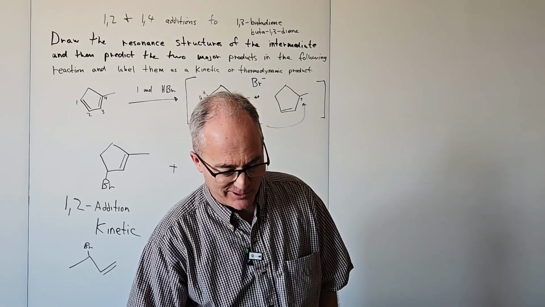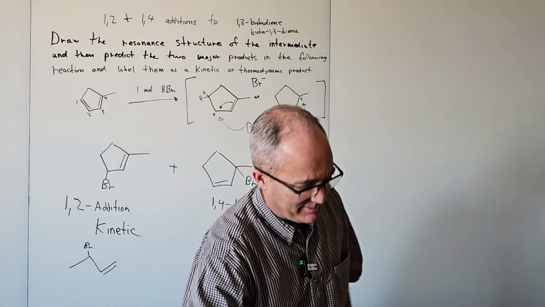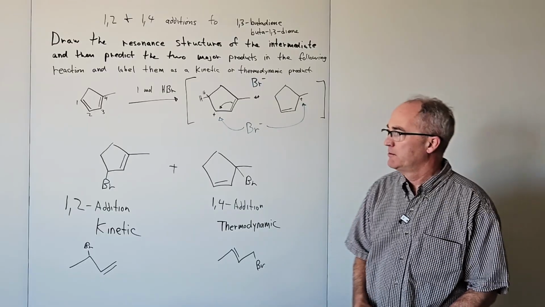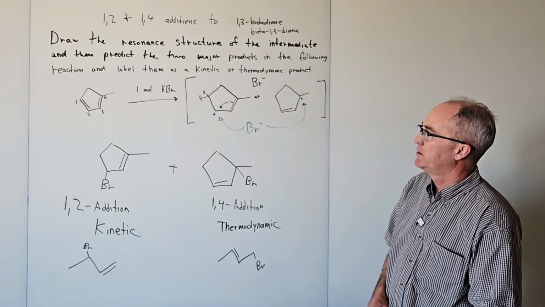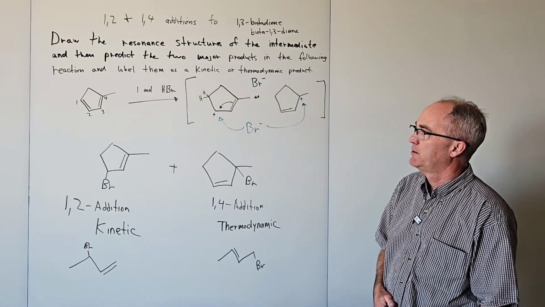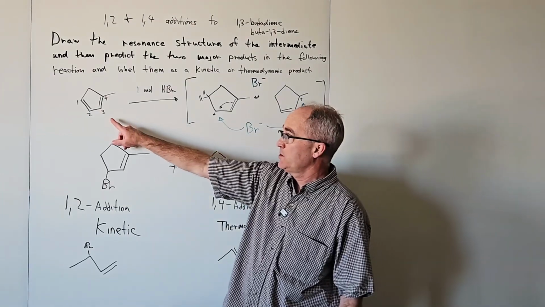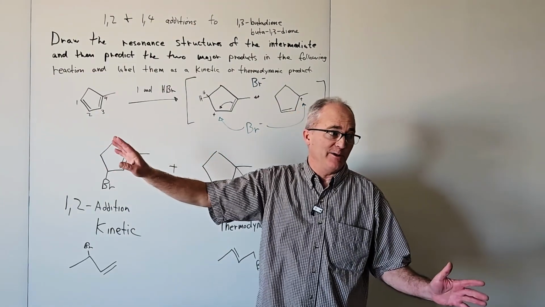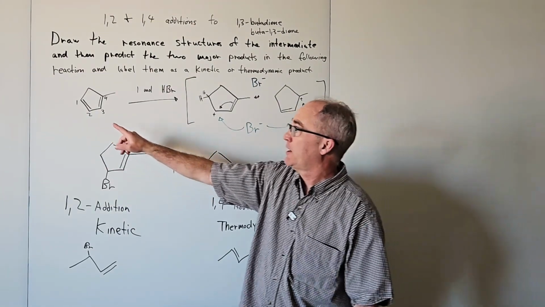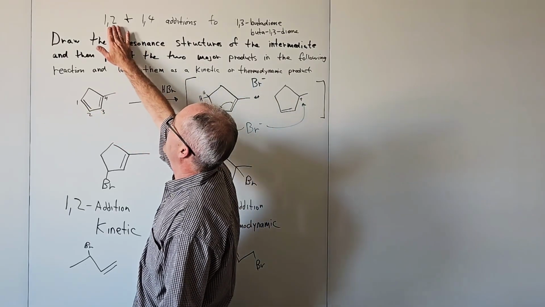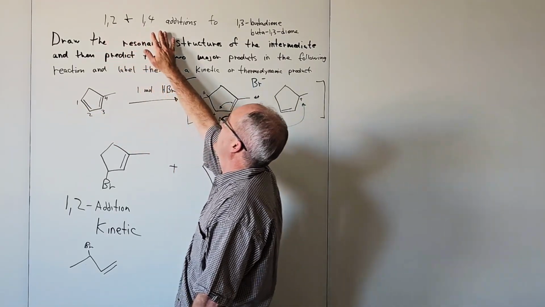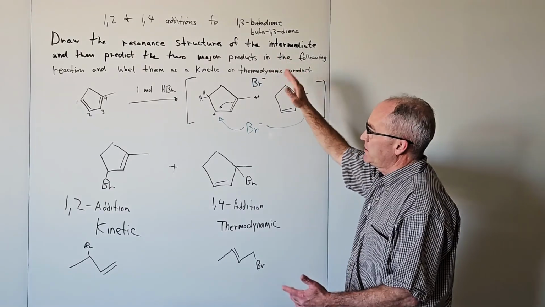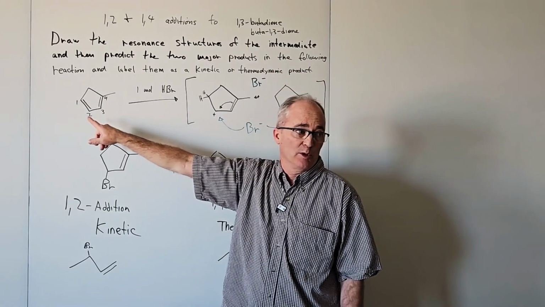Any other questions? When you chose to number them, was it just like... Well, I chose to number this not for any naming, that's for sure. I just numbered this because we've been going over the 1,2 and the 1,4 additions, which is a common thing with a conjugated double bond.